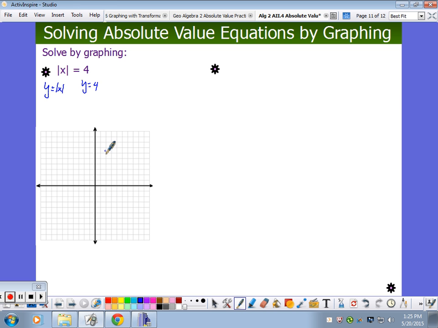So y equals absolute x, and again, I know they're a little hard to see. The grids did not come out well, so I'm going to do the best I can here. But I'm graphing y equals absolute x. Okay, that's this graph. What does the graph of y equals 4 look like? What kind of line?